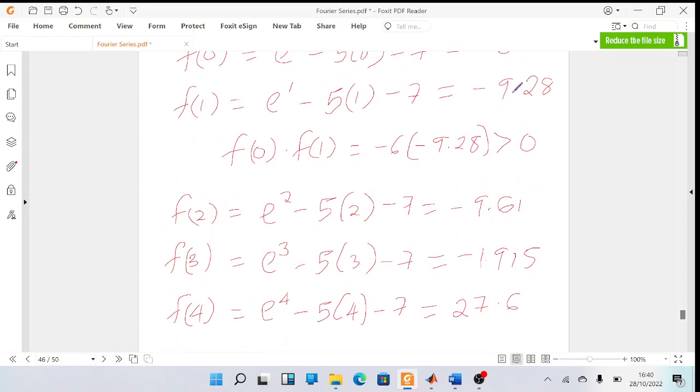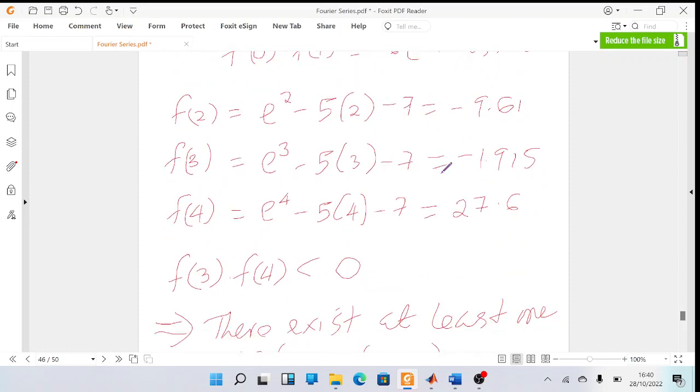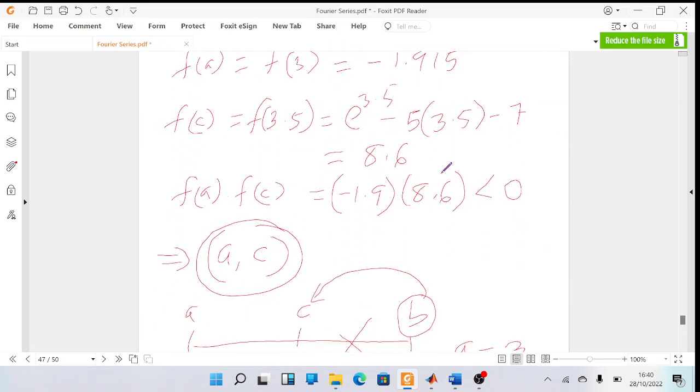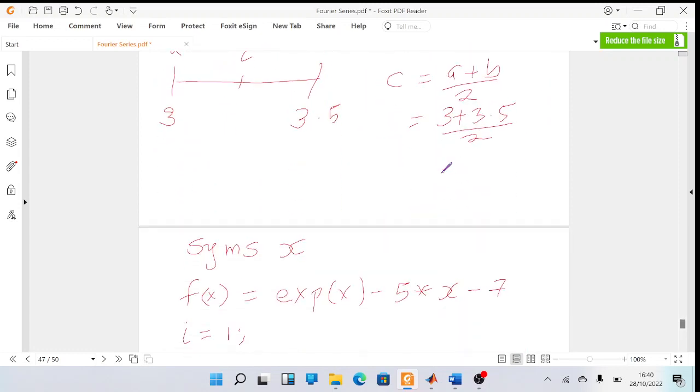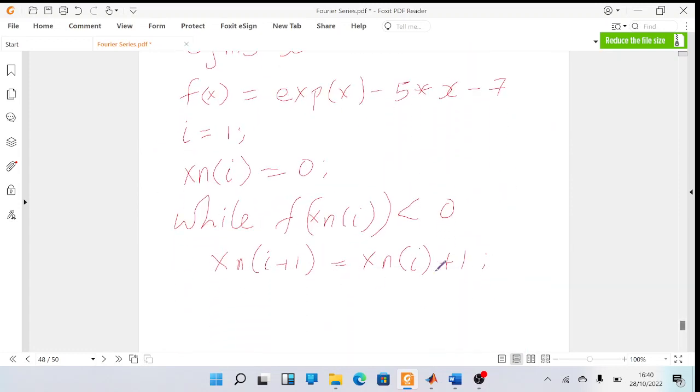which was negative 9.28. And then because the value is still negative, the value of xn is increased again by 1. So this is repeated until a positive value is obtained, because the loop is supposed to stop when the condition is false. So we need to increase i to i plus 1 also.